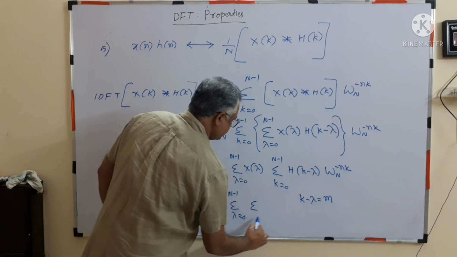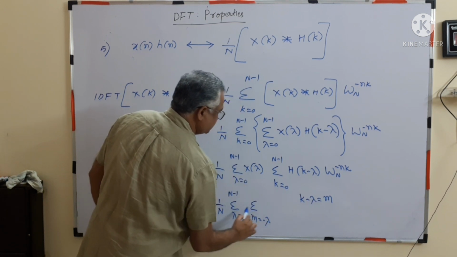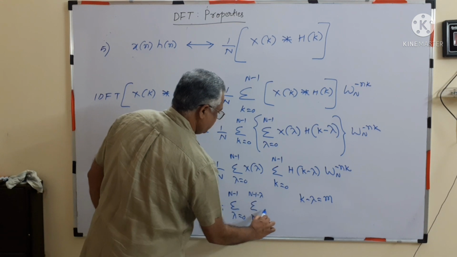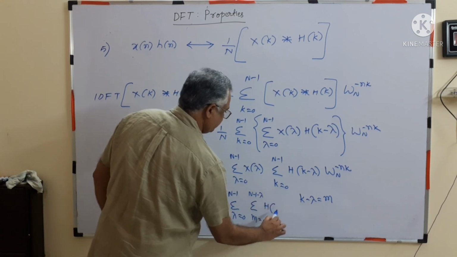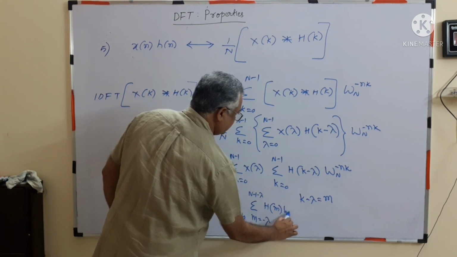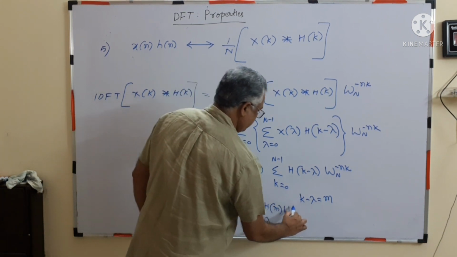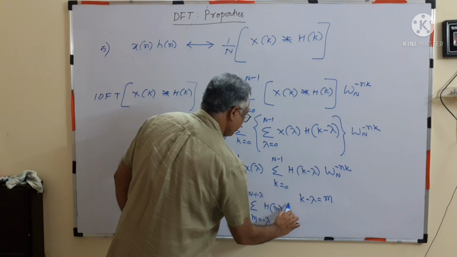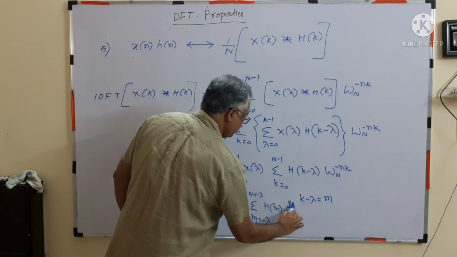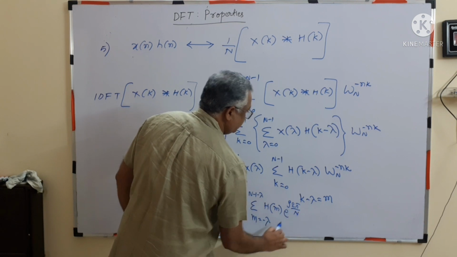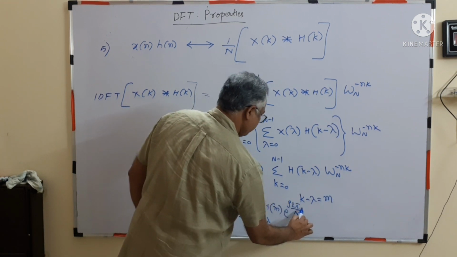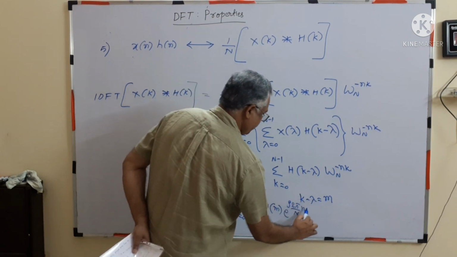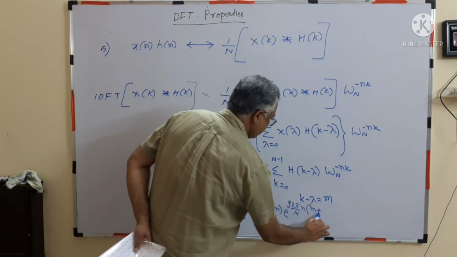K equal to 0 means m equal to minus lambda, up to N minus 1 minus lambda, H of m, W_N^(-nk), otherwise e power j 2 pi by N, so k is replaced with m plus lambda.